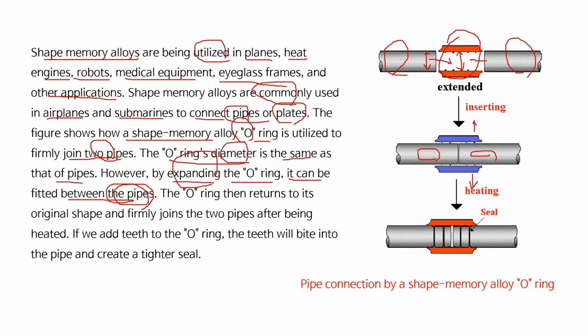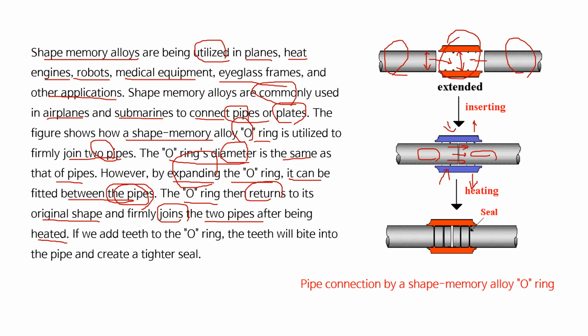Okay, so we can put this O-ring onto the two pipes. The O-ring then returns to its original shape and firmly joins the pipes after being heated.